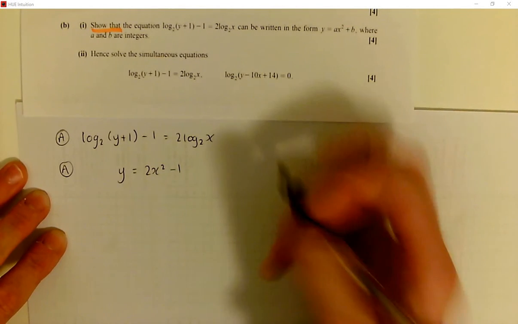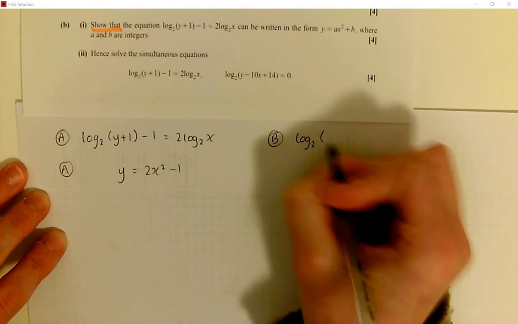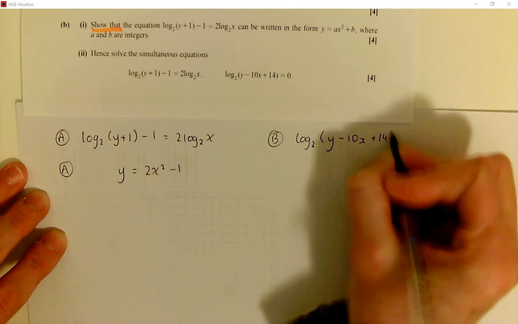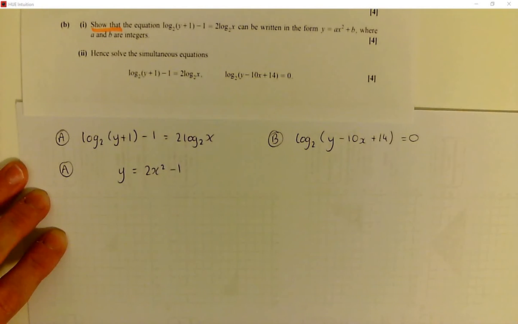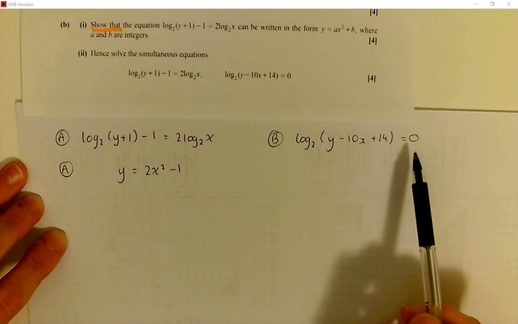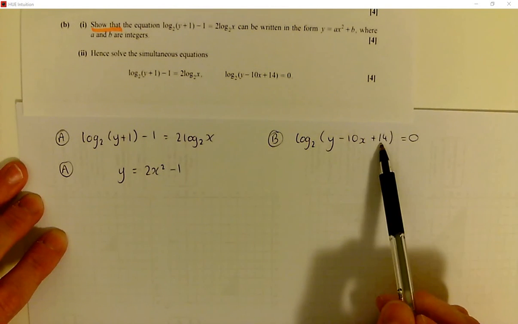So let's look at the second equation, which I'll call B. We've got log base 2 of (y minus 10x plus 14) is equal to 0. Again, from either memory or using the base answer power thing, we should know that this bit in the brackets is 1.